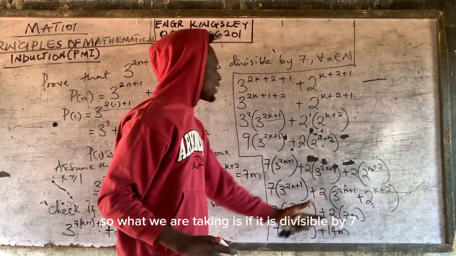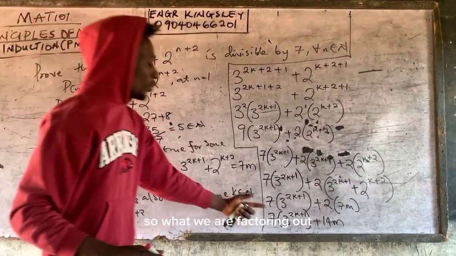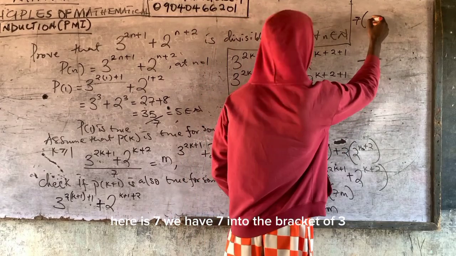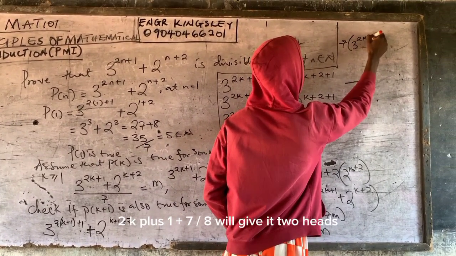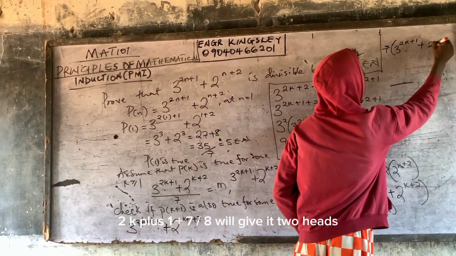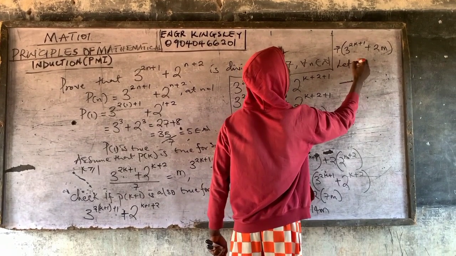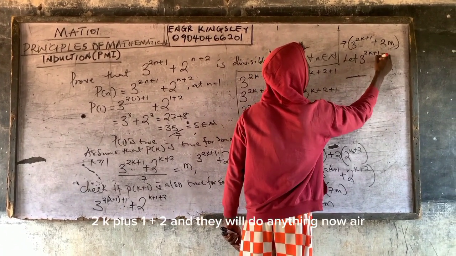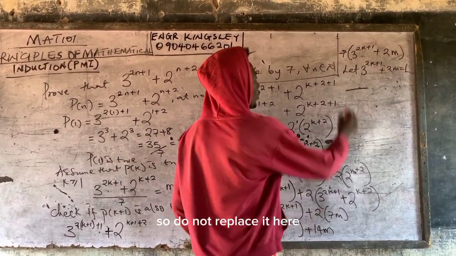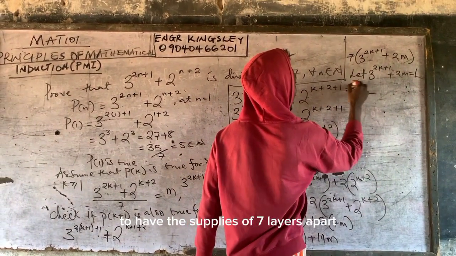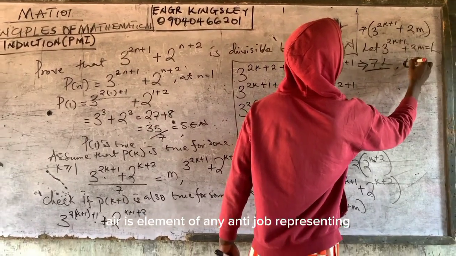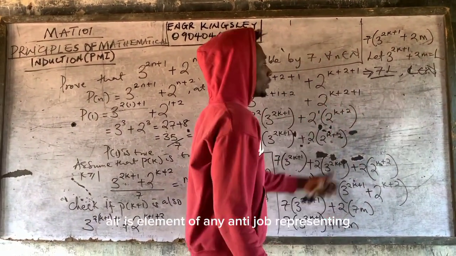What we are checking is if it is divisible by 7. So what we are factoring out here is 7. We have 7 into the bracket of 3 raised to the power 2k plus 1 plus 14 divided by 7, which gives me 2n. So we say let 3 raised to the power 2k plus 1 plus 2n be equal to any integer m. We now replace it here to have 7m, where m is an element of the integers.